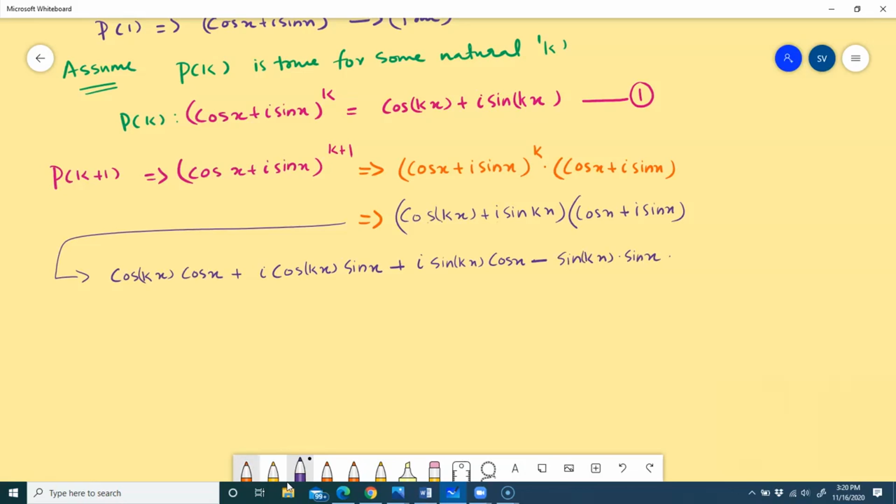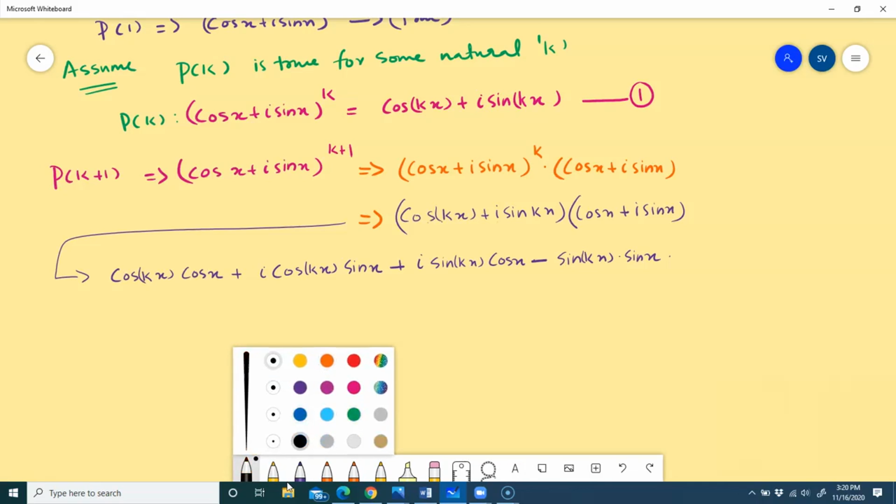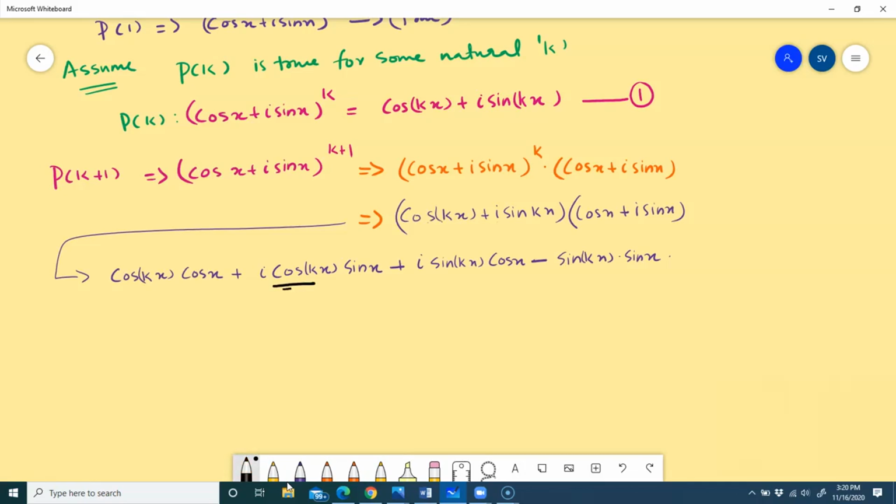Now what we need to do is group it. So the real terms together and the imaginary terms together. Here we have the imaginary term, here we have the imaginary term, so group it. So this is cos kx cos x minus sin kx sin x.